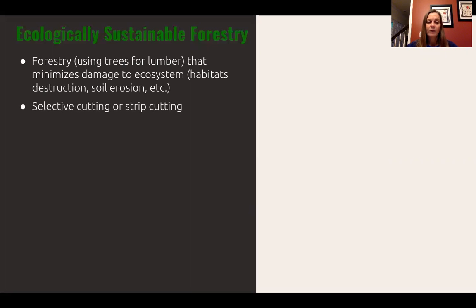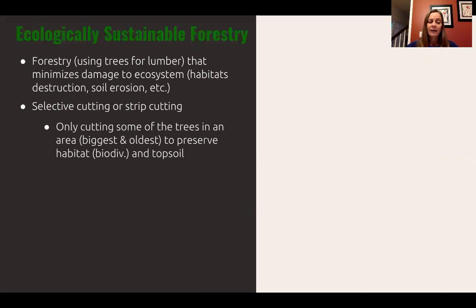Well, the number one way is what we call selective cutting or strip cutting. And with selective cutting, it means that we only cut some of the trees in an area rather than clear cutting an entire area. You cut only some of the trees. Sometimes that means the biggest and oldest trees. Sometimes it actually is a selective thinning so that the trees that remain can actually get bigger and more profitable.